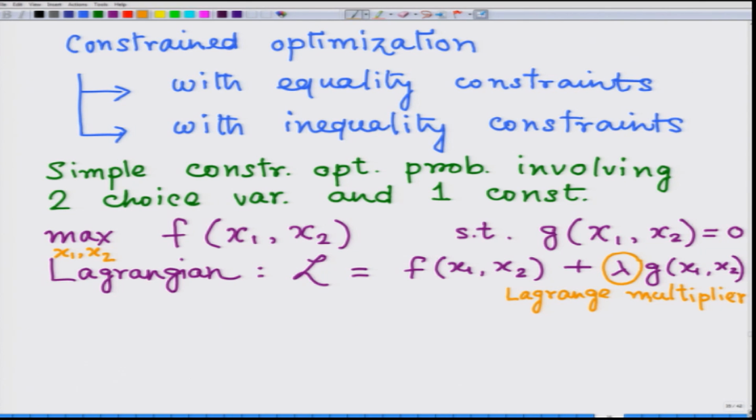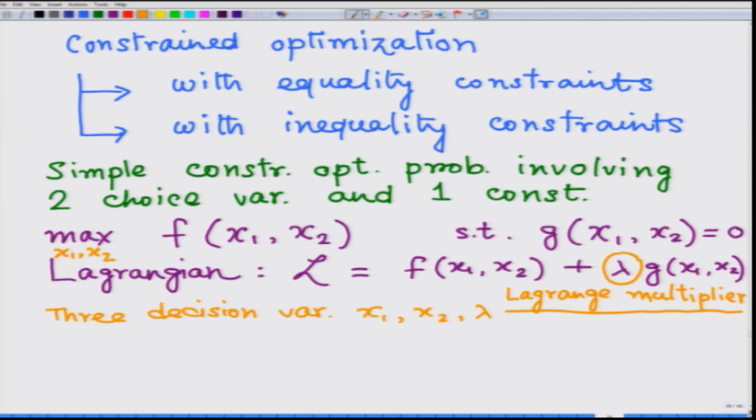So, in total we have 3 decision variables, x1, x2 and lambda. Later we will see that this concept Lagrange multiplier has very interesting interpretation both in mathematical terms and also in economics.